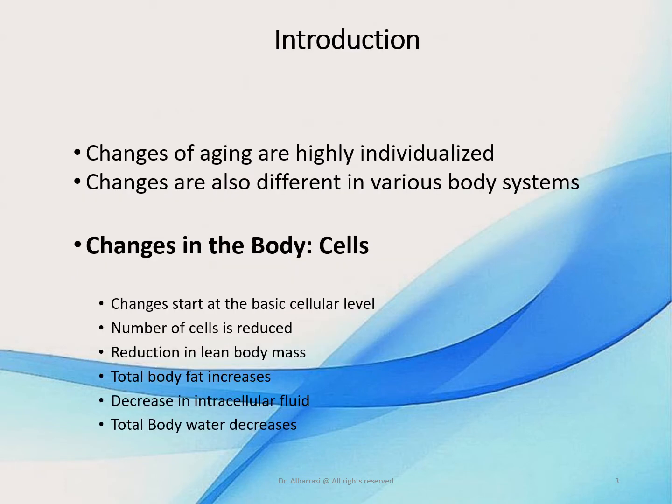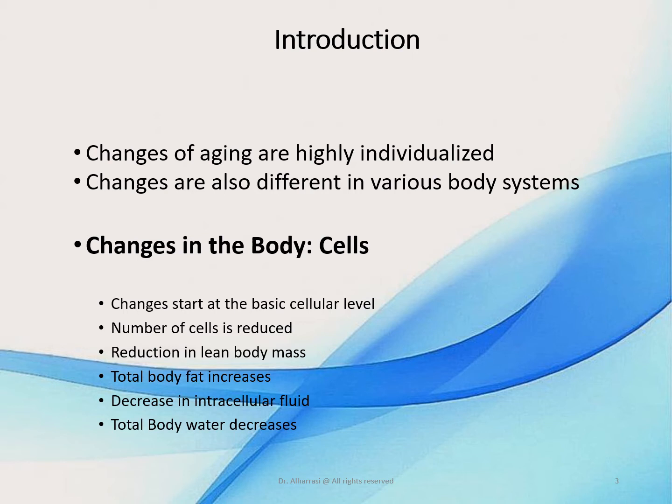So the changes in these two systems, as we mentioned before, are highly individualized, meaning that every person is different in the way their body is affected by the aging process. At the cellular level, our body's change starts, and the number of cells is reduced.